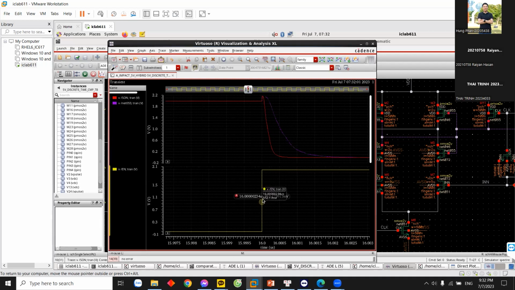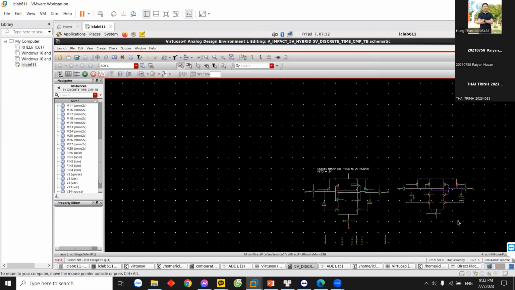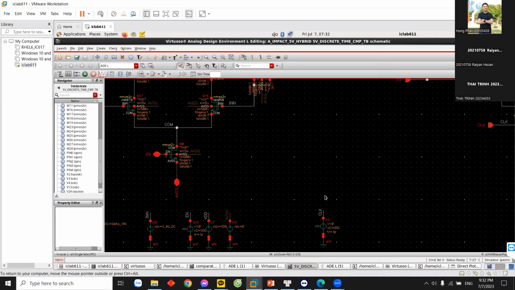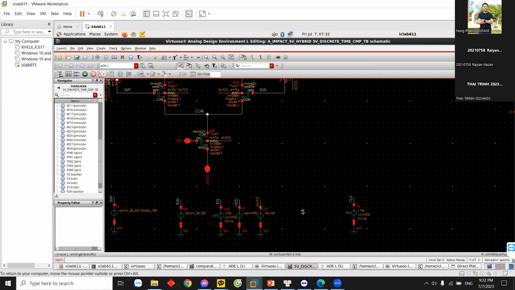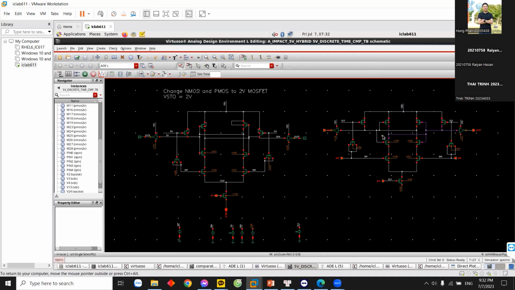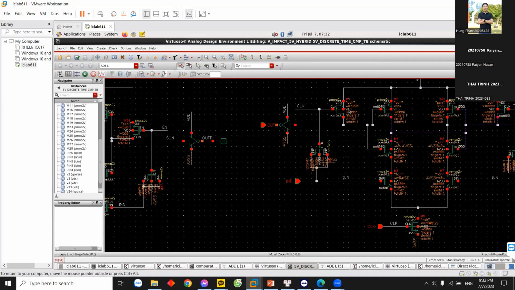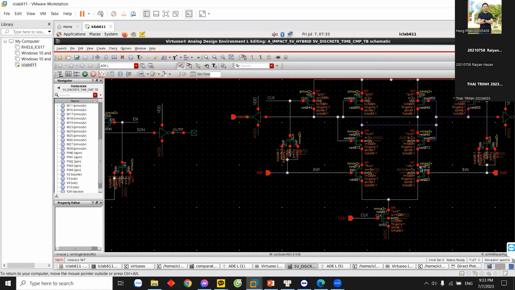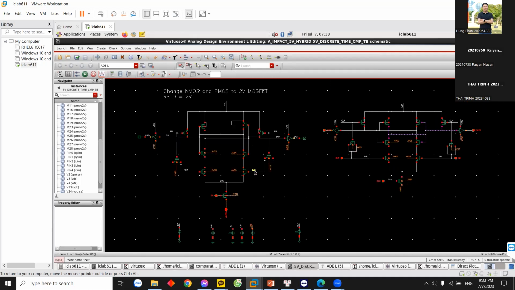So your circuit should have some problem, right? Yes. We simulate in the same condition, but I think something is wrong in the circuit. Difficult to find.